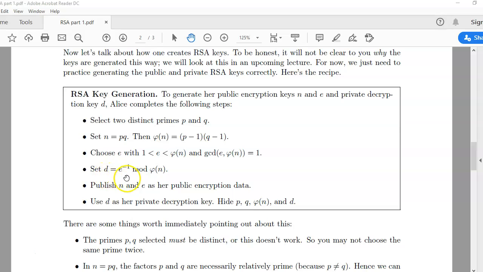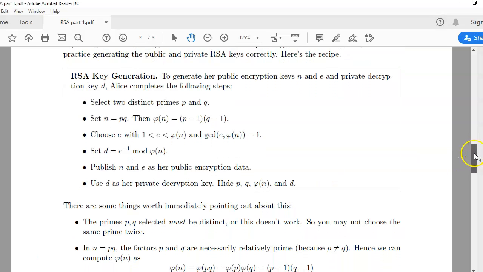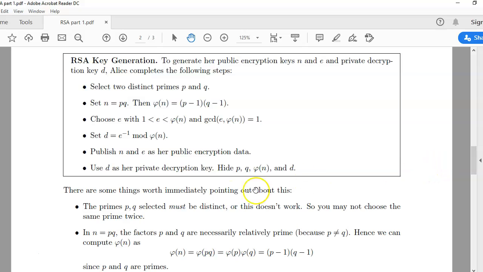D is going to be the inverse of E mod phi of n. Okay? So then she's done. She publishes N and E as her public encryption data, and D is her private decryption key. And Alice must hide the values of P and Q and phi of n, and of course she has to hide D. Okay? So let's talk about some things that are immediately worth pointing out about this.